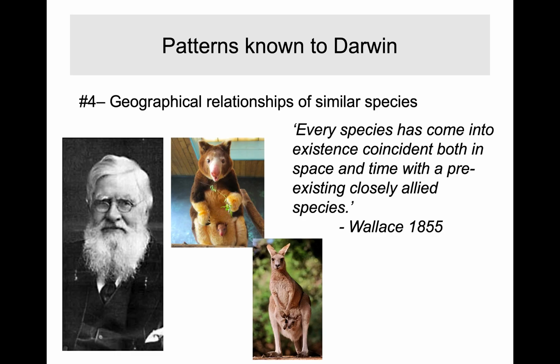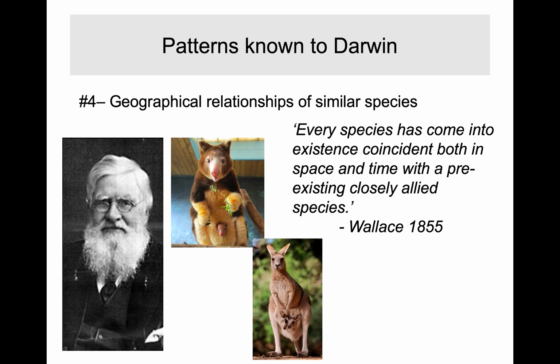Okay, some other patterns. Geographical relationships of similar species. So this is Wallace, who we talked about last time, a contemporary of Darwin, and actually graciously from Darwin's part was considered a co-discoverer of the theory of evolution. But he has this quote that every species has come into existence coincident both in space, which is really important, and time with a pre-existing closely allied species.